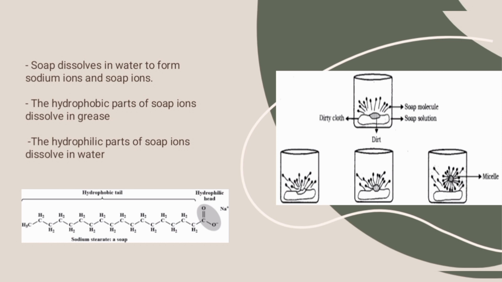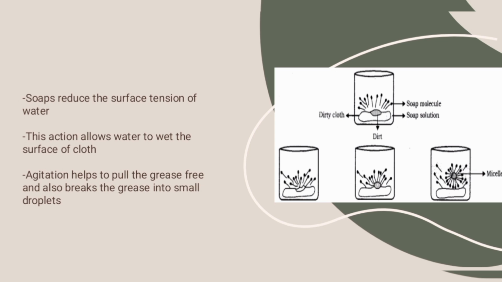As we can see, there is a hydrophobic tail and a hydrophilic head. Hydrophobic is soluble in oil, and hydrophilic is soluble in water. Next, soap reduces the surface tension of water.